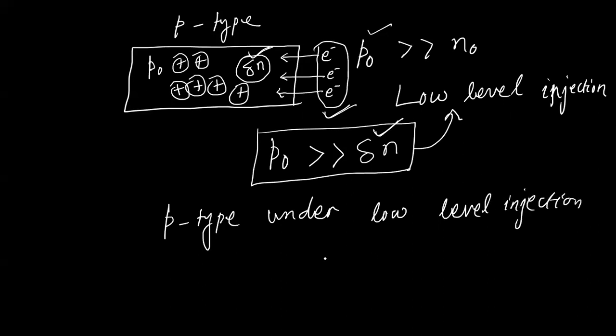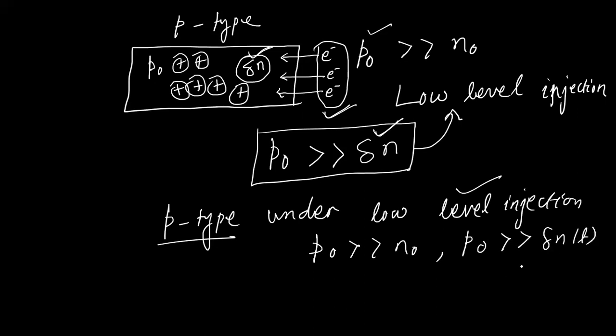For this, as we said, for p type, p0 is much larger than n0. And since it is low level injection, p0 is much larger than delta n(t), the excess carrier concentration. We will use this to rewrite the previous equation.